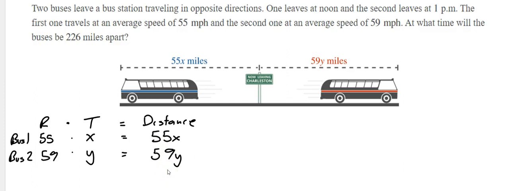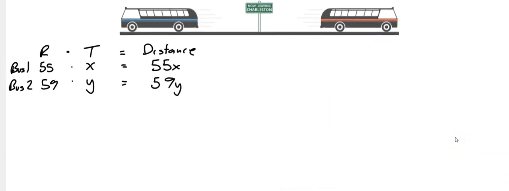So let's set up a linear equation that we can use to find out how long it's going to take for these buses to be 226 miles apart. Setting up our linear equation, one is going to have to involve just the time. So we're going to have x equals y plus 1. Remember, the y bus is ahead by 1 hour.